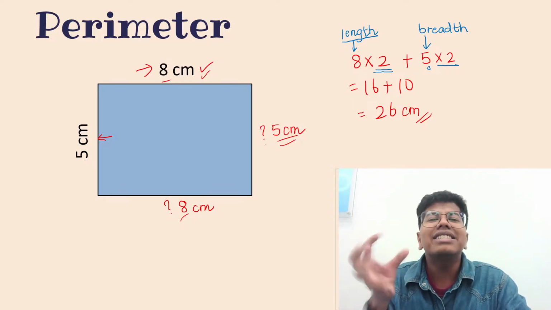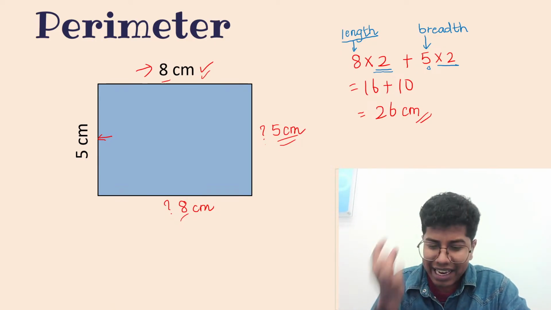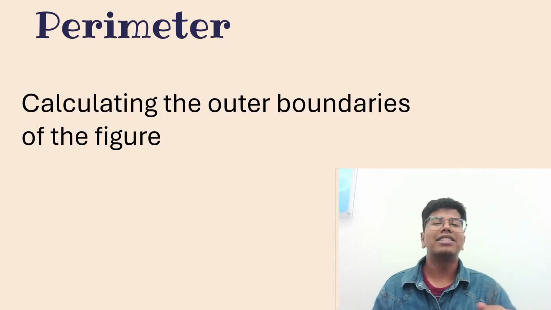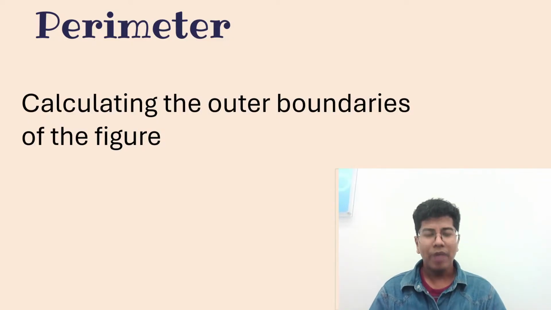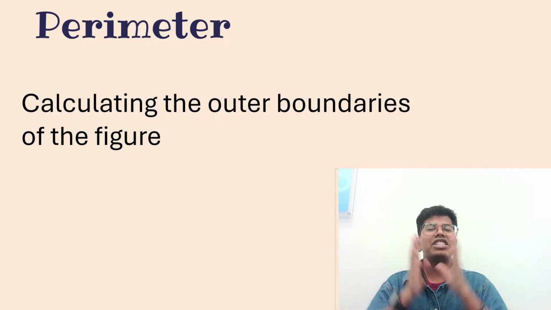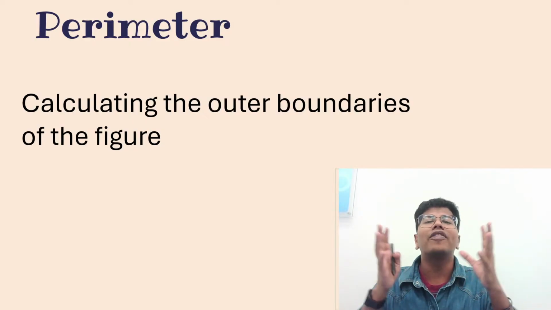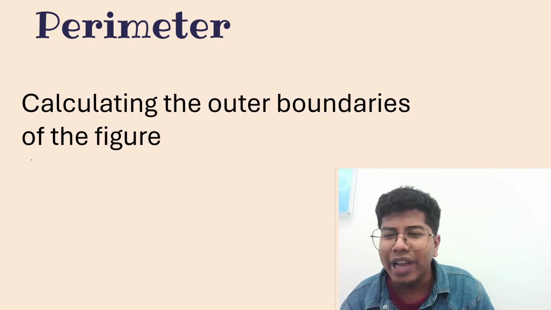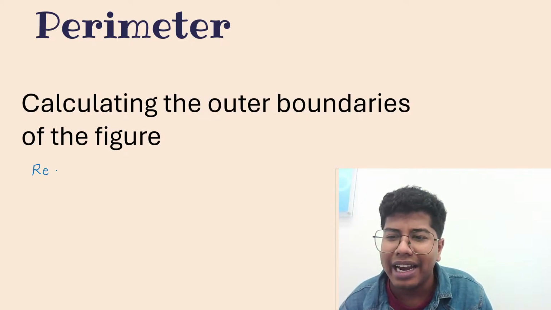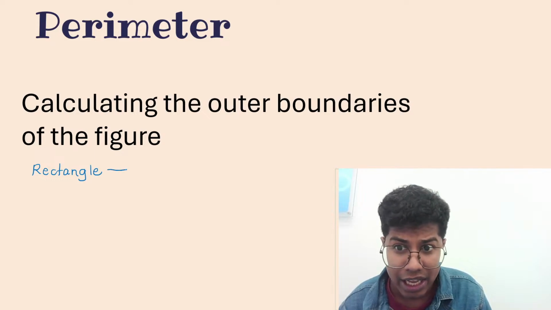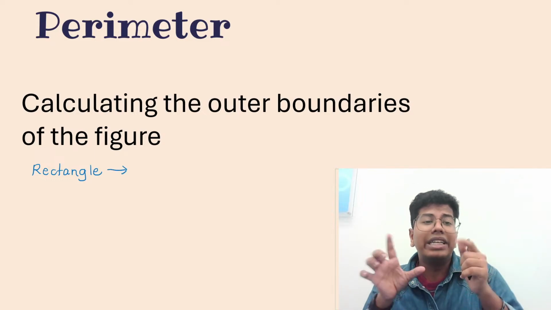Now, after understanding this foundation, we can have a look at the summary. Perimeter is nothing but just calculating the outer boundaries of the figure. And in order to calculate the perimeter of a rectangle, we can write down the formula. Everyone, you can take this note down.